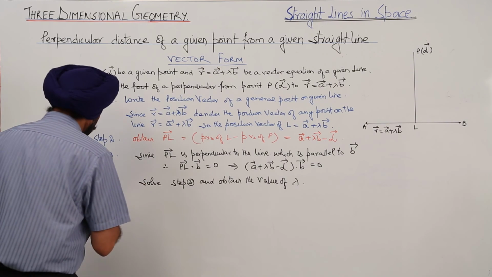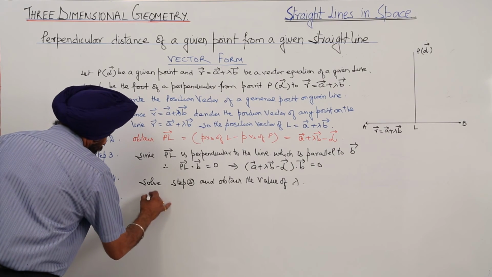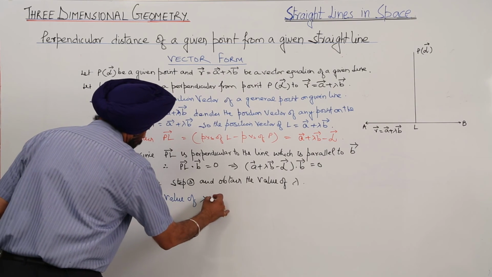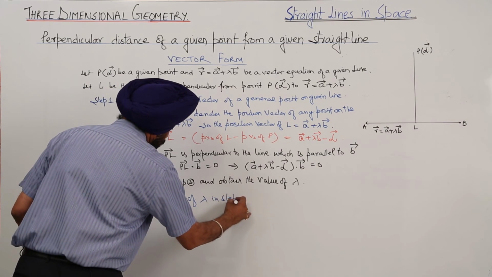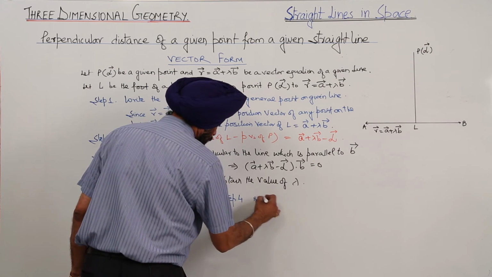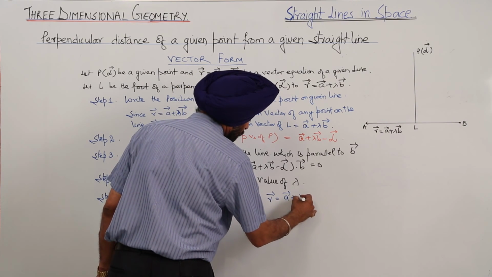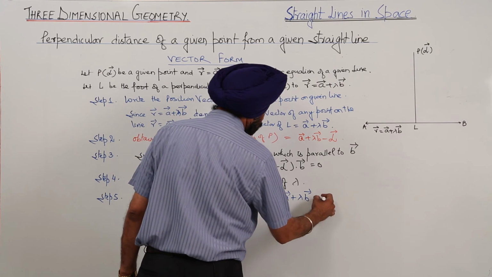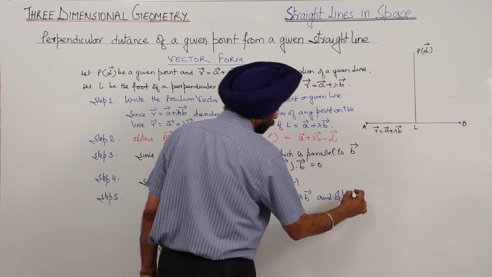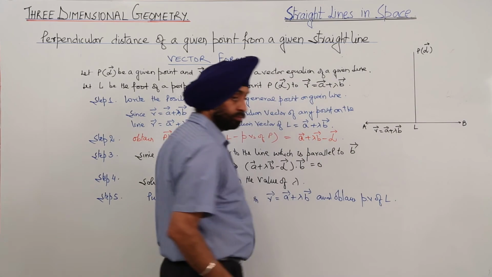Step 5: put the value of lambda in vector R is equal to vector A plus lambda vector B and obtain the position vector of L.